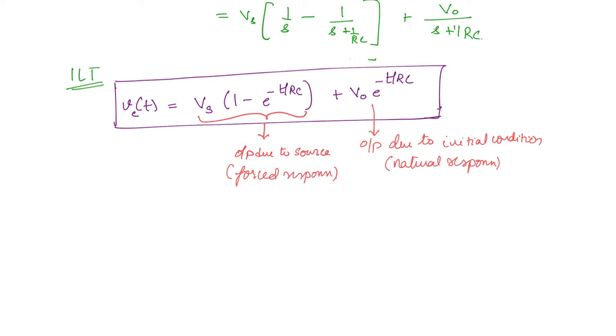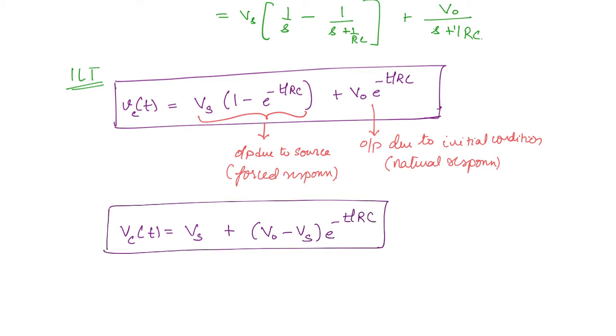So, we can write Vc(t) is equal to Vs, which is the steady state output, plus (V0 minus Vs) e to the power minus t by RC. This is another way in which you can write the output, okay. That is the same output only, but in different forms.